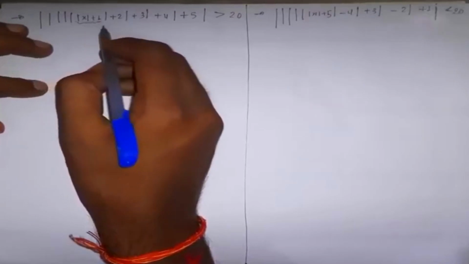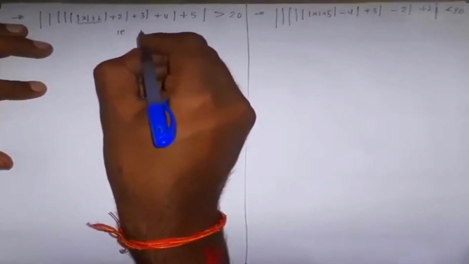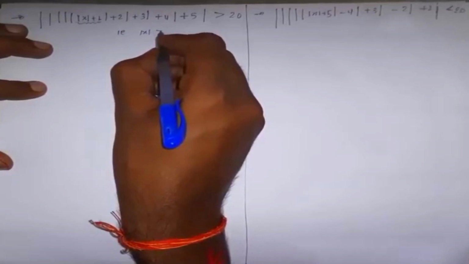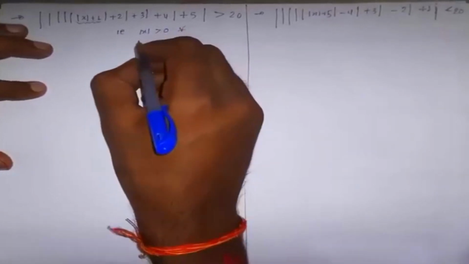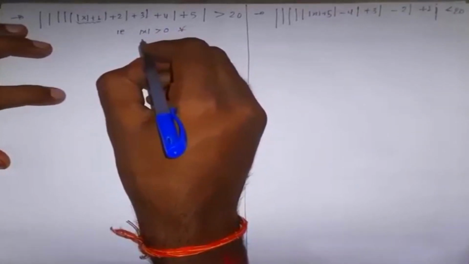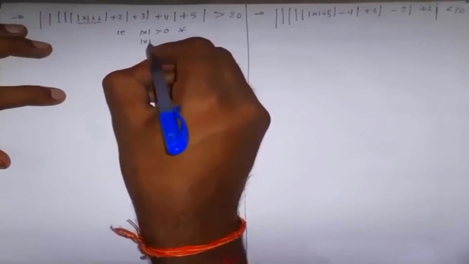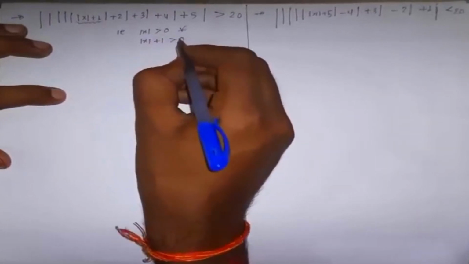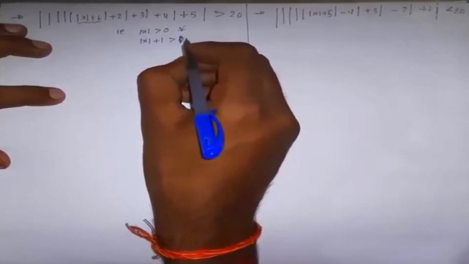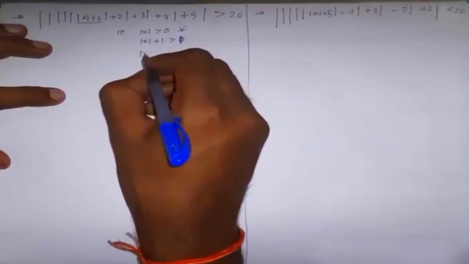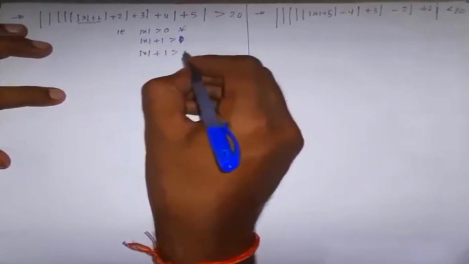By observation you can see that mod of x plus 1 is positive for every x. If we are adding 1 in this, it will be greater than 1, then this will also be positive. That is, mod of x plus 1 will be positive for every value of x.